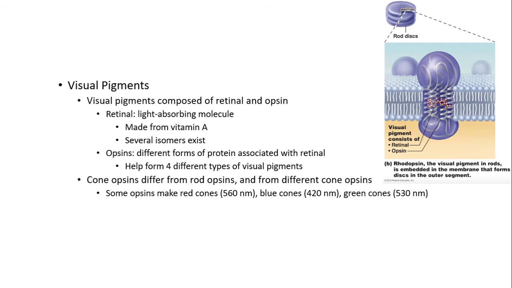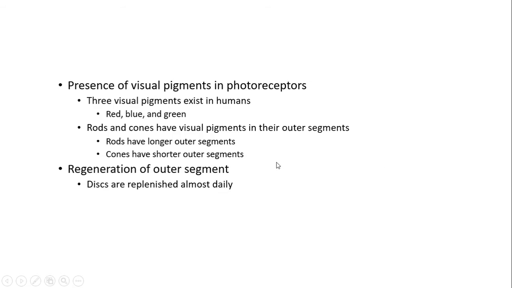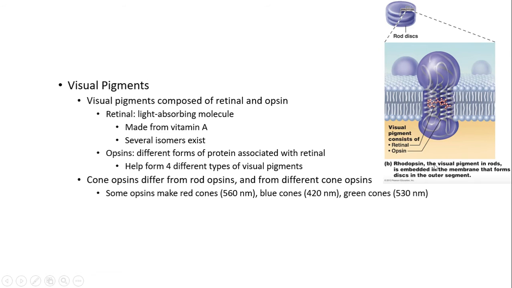These opsins are different from one another, and then also the opsin for the one in rods, the visual pigment specifically called rhodopsin, is also going to be different, okay? So the opsins, which are the protein portion, help form 4 different types of visual pigments, and that's exactly why I was saying we have 4 visual pigments that exist in humans: the red, blue, green, and then the one for the rods, which is called the rhodopsin.